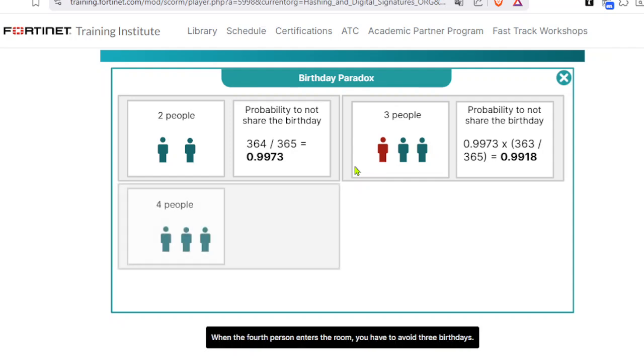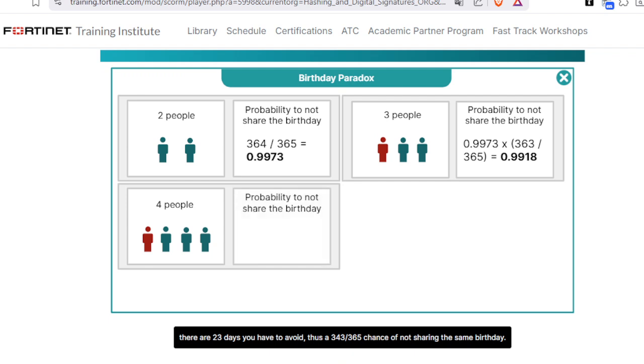When the fourth person enters the room, they must avoid three birthdays. The last result, 0.9918, is multiplied by 362 divided by 365. If you advance ahead to the 23rd person entering the room, there are 22 days that you have to avoid. Therefore, a 343 divided by 365 chance of not sharing the same birthday.